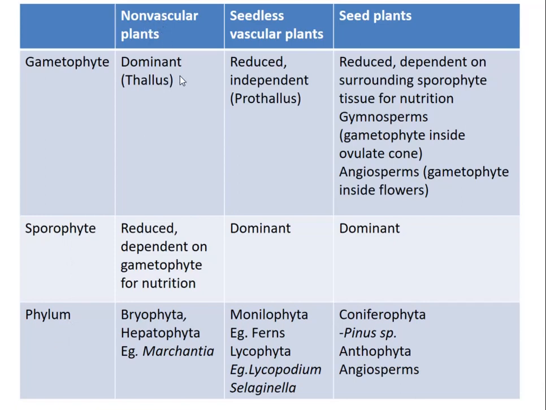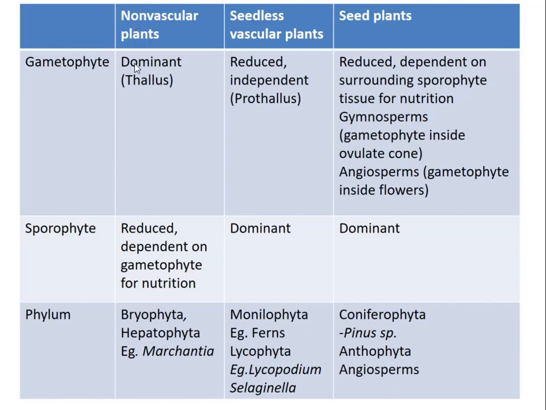For non-vascular plants, the phyla are Bryophyta and Hepatophyta, for example Marchantia. For seedless vascular plants, the phyla are Monilophyta and Lycophyta. And for seed plants, we are referring to phylum Coniferophyta and phylum Anthophyta.